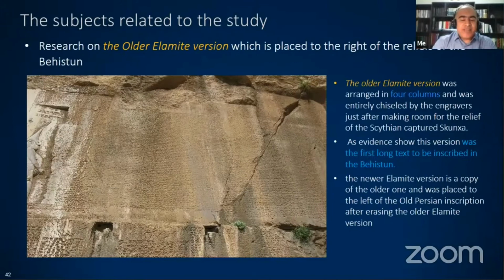Since it is located on a high precipice and its text has been entirely illegible, there have been no copies or editions published so far. George Cameron, who visited the inscription in 1948 and 1957, quoted that the text of the older version, as its contents are identifiable, is in any respect identical with the newer one.